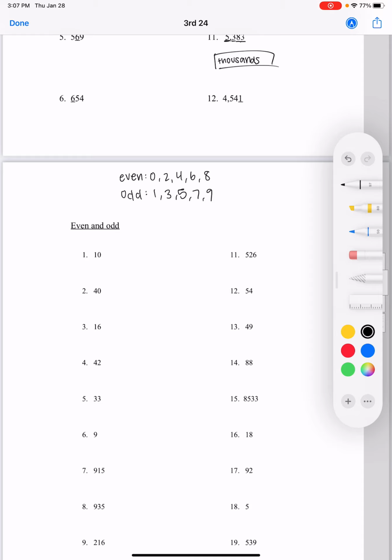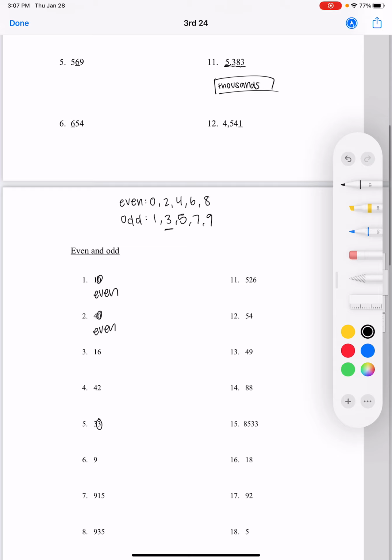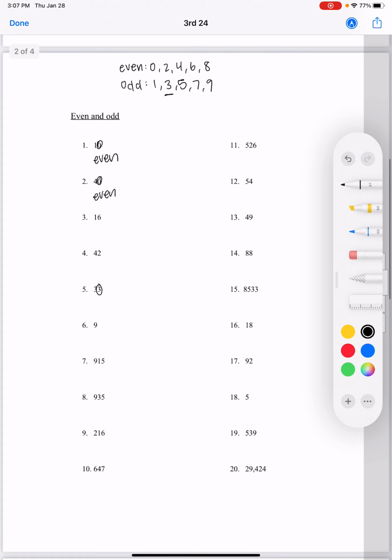So if we look at number 1, we see that the 10 ends in a 0, which means that it is an even number. Same for 2, it ends in a 0, so it should be an even number. Number 5, it ends in a 3, and 3 is here in the odd section, which means that number 5 should be an odd number.